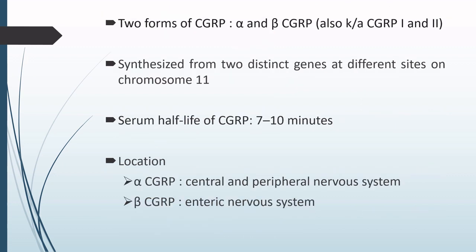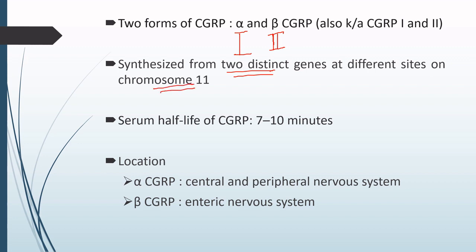There are two forms of this CGRP. First one is the alpha CGRP and the second one is the beta CGRP. The alpha CGRP is also known as CGRP1 and the beta CGRP is also known as CGRP2. Now both these alpha and beta CGRP are actually synthesized from two distinct genes, and these genes are located on different sites on chromosome number 11.